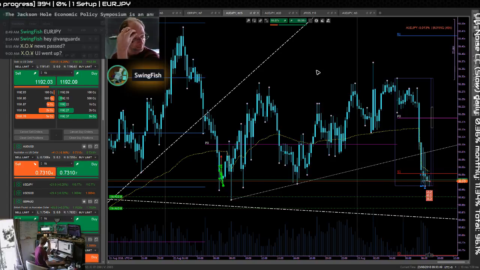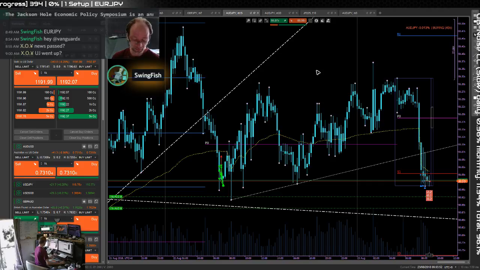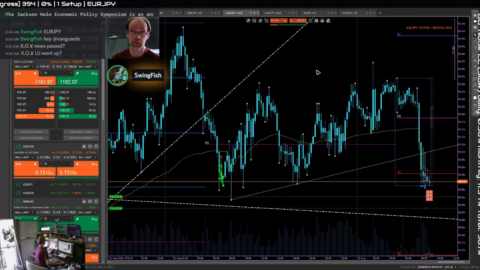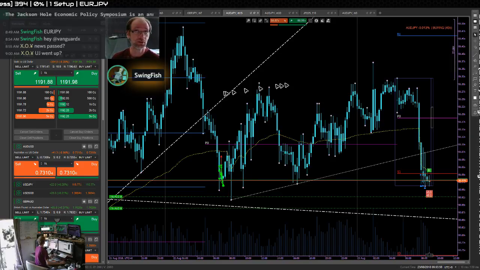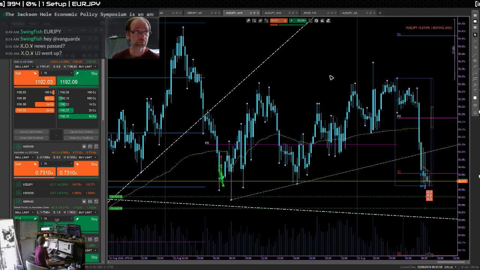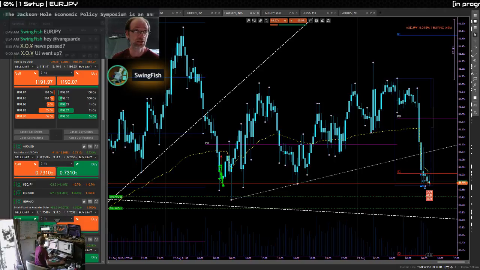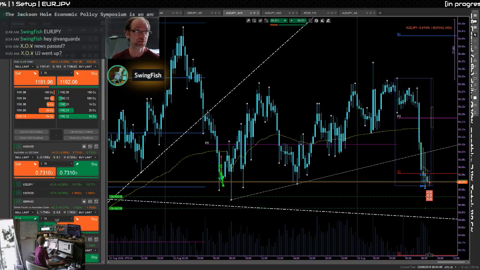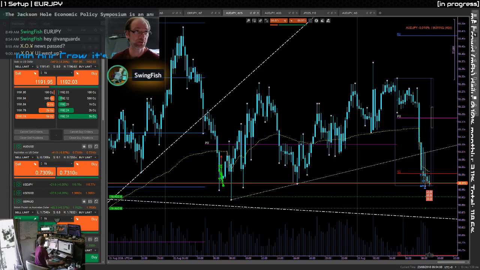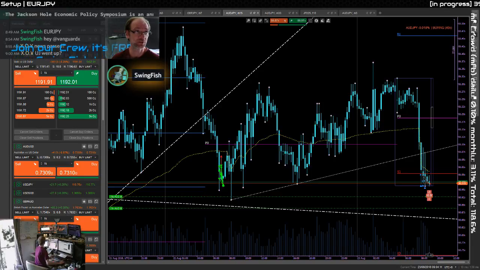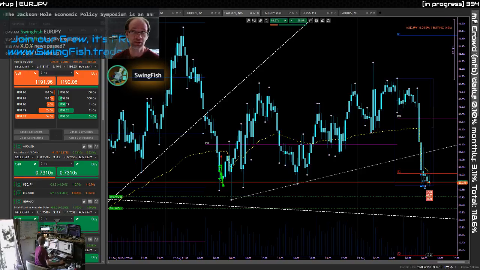So usually at this time of day, if the Nikkei goes up, the yen pairs go up as well. But right now only US dollar yen and Swiss yen going up. The rest is pound yen also, and the rest is acting strange.